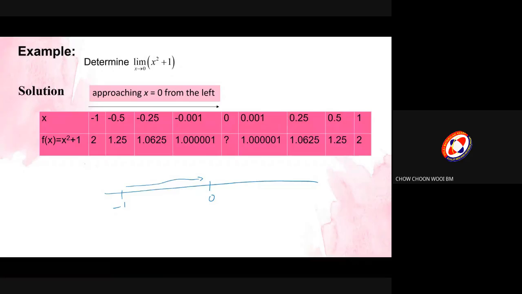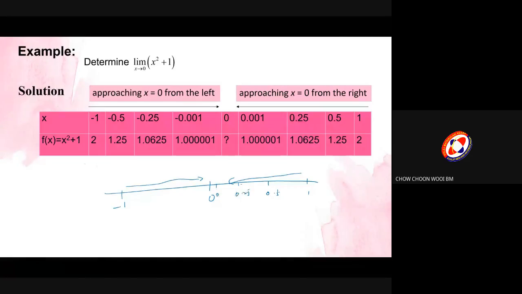Okay, and this side we call it as approaching x equals to 0 from the right, dari belah kanan. Sebab yang ni 1, yang ni 0.5. Dia makin menghampiri 0.25, 0.01. So dia makin menghampiri. So we say that it is approaching from right.